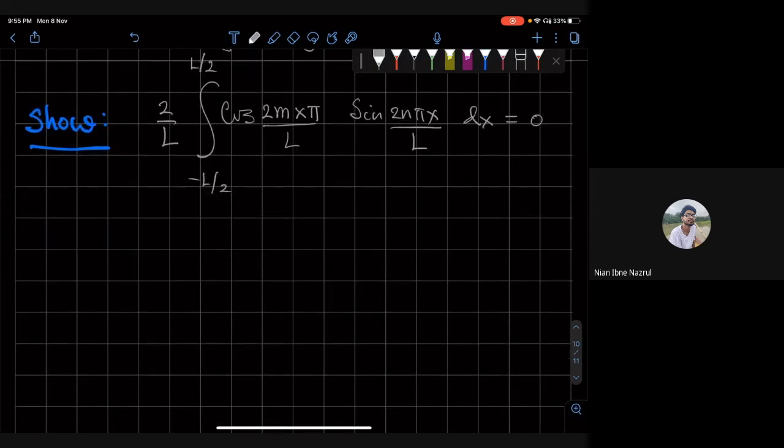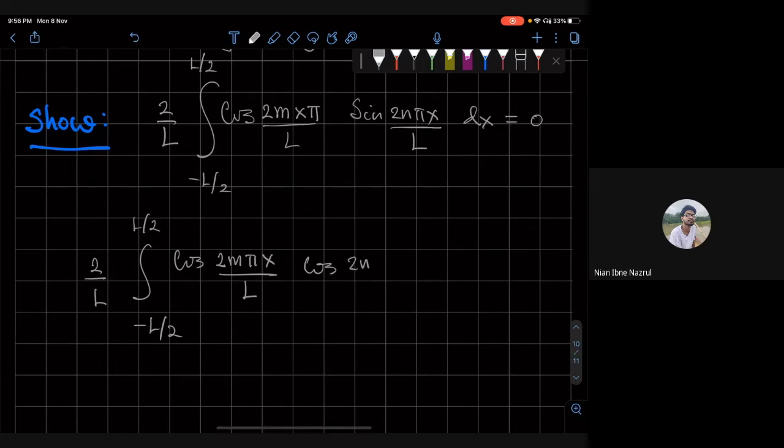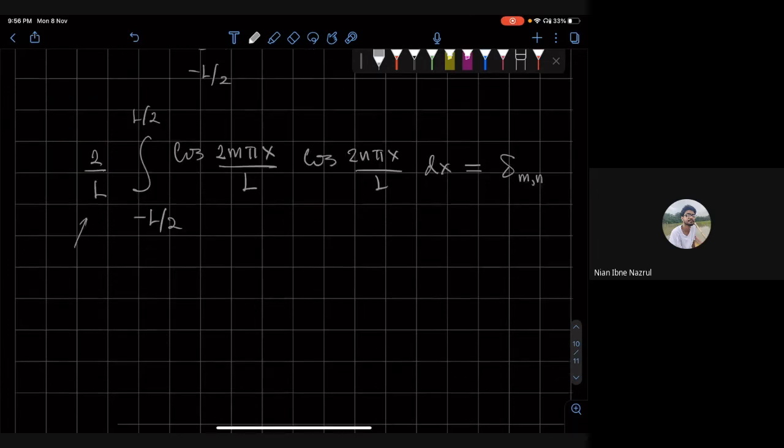And then we also need the following orthonormality condition. If instead of having one cosine and one sine, you have, say, two cosines, but the integer is different, then you also have 0. But if the integer is the same, then the normalization here tells us that this is going to be 1. So this is equal to delta mn, where delta mn is the Kronecker delta.